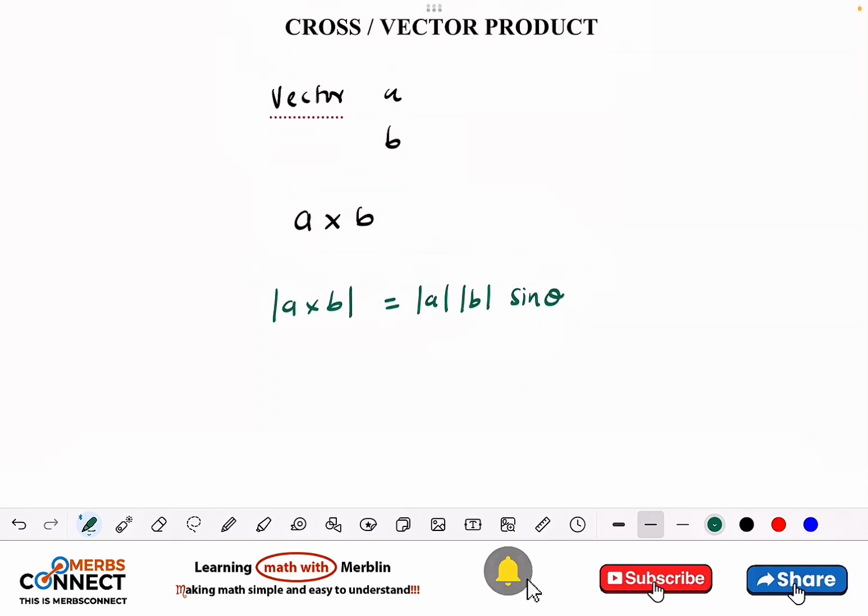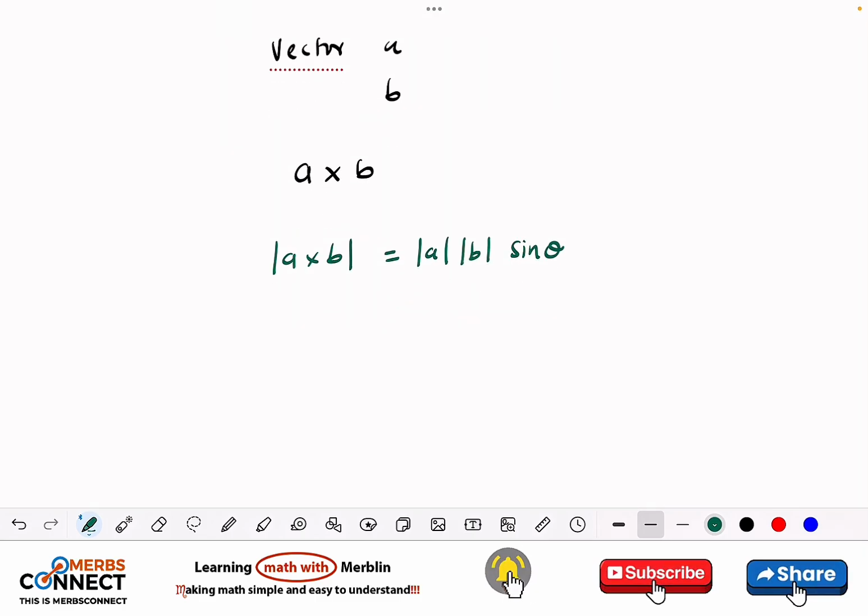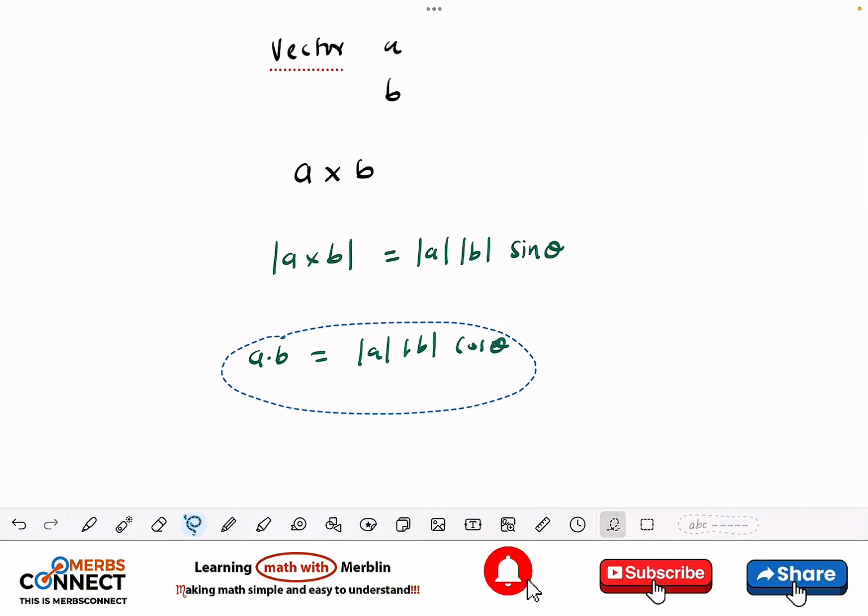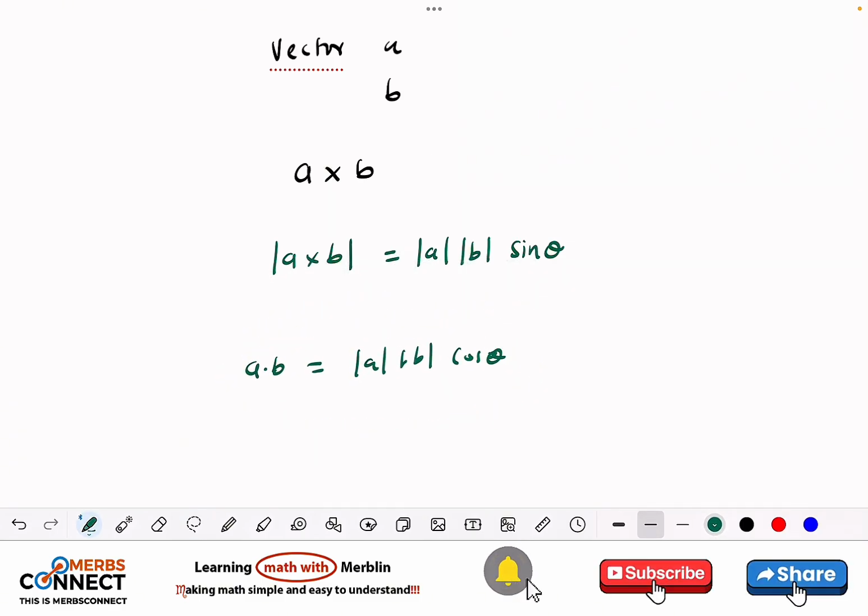So let's compare this one with dot product. We saw that a dot b was equal to magnitude of a, magnitude of b cos theta. So, look at the relationship with what we're having with the dot product. Now we saw that anytime a and b are perpendicular, then we are going to get 0 because cos 90 is going to give us 0.